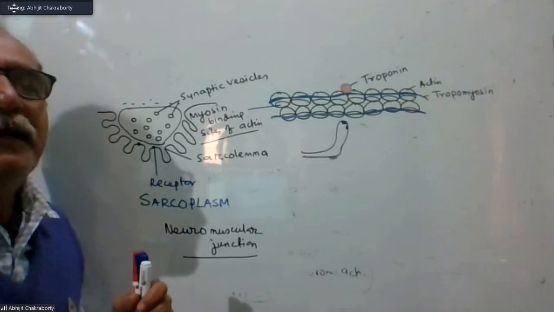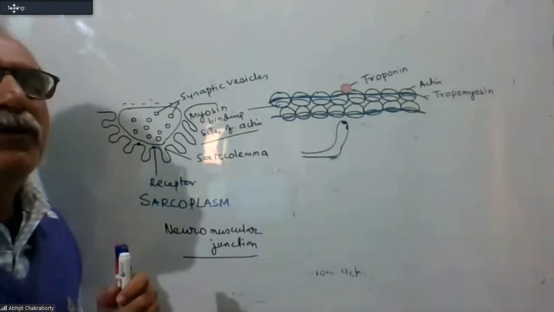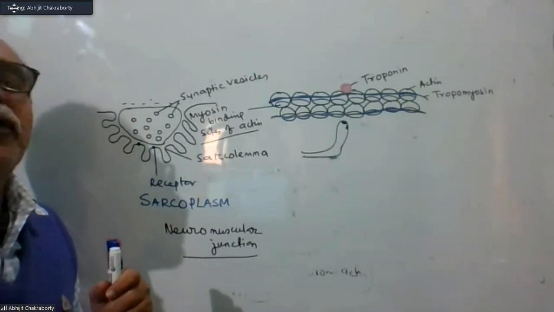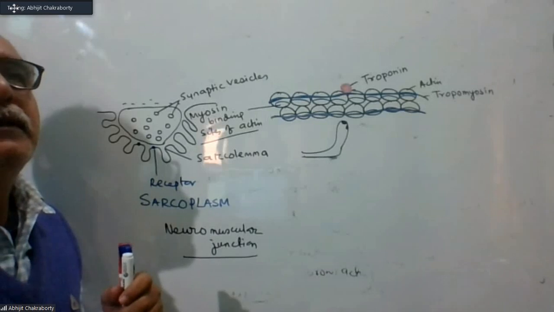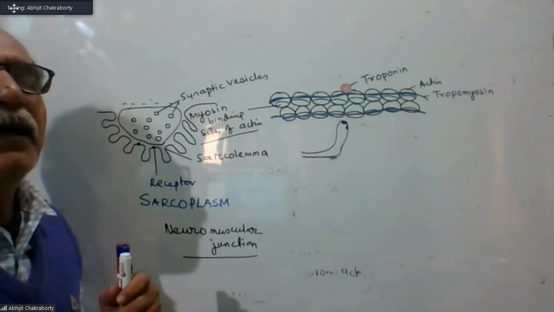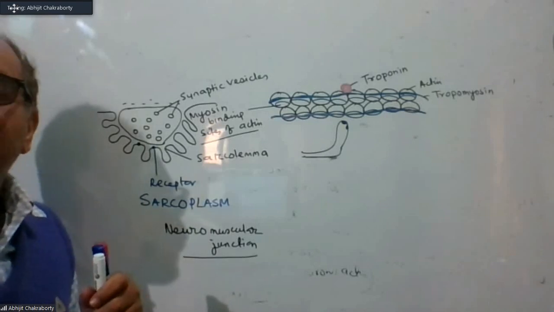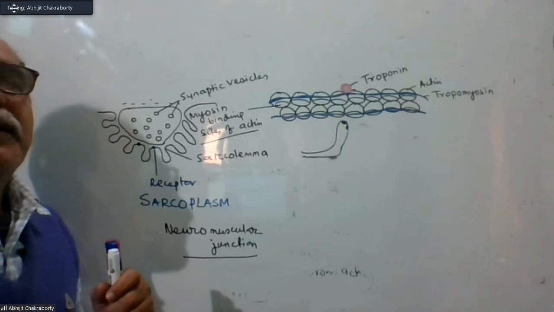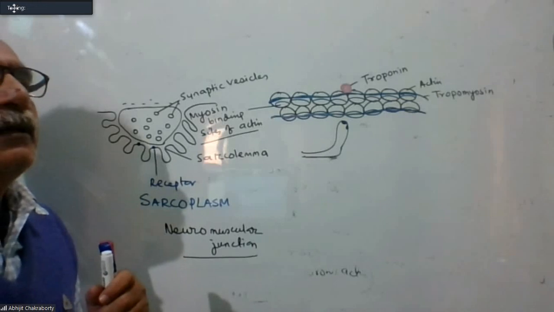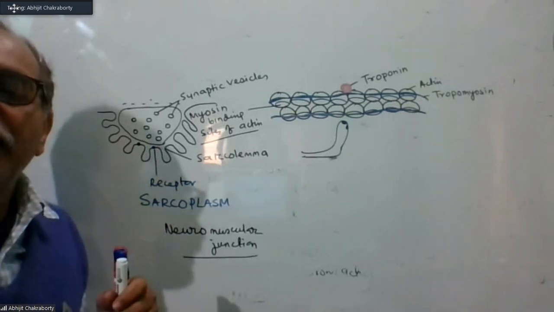Now what happens here? To initiate muscular contraction, the information or impulse is required to be carried to the muscle from the nerves. Otherwise, the muscular contraction cannot be initiated.